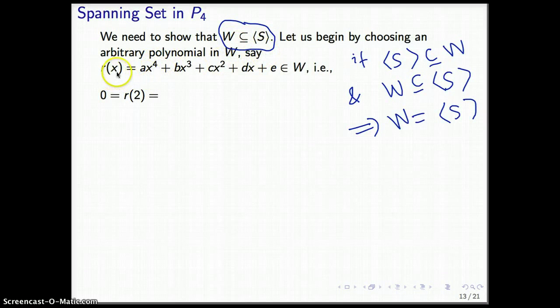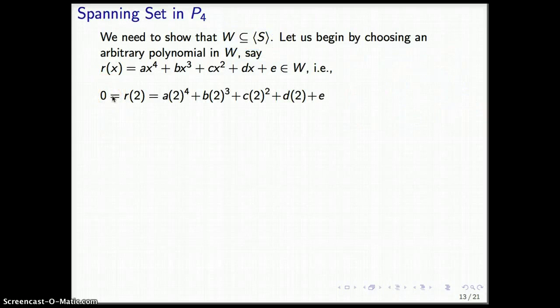we're going to work with the following. We're going to choose an arbitrary member of W, and we're going to write that as R of x. This is something that has 1, 2, 3, 4, 5 coefficients, right? So denoted A, B, C, D, and E. And because we're choosing an arbitrary element, remember, W, that polynomial of degree 4, has a property that when evaluated at 2, that is equal to 0, right?